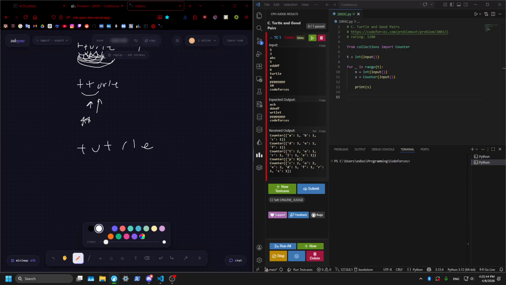What's the idea behind this? So after counting the frequency of every character, we should find the max character and then alternate it with the second max character, right?